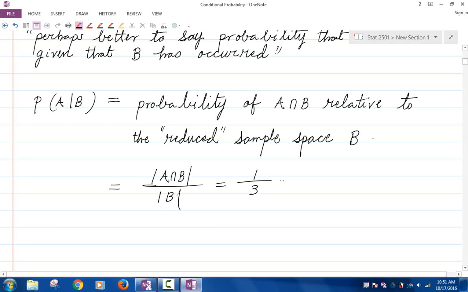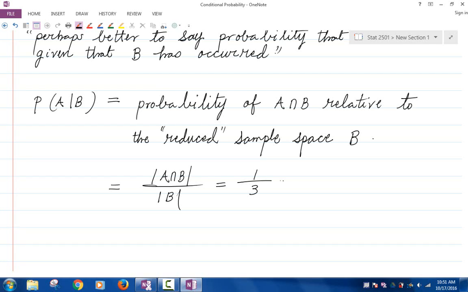So notice that the probability of A, remember, was 1/4. Now the probability of A given B is 1/3. So the probability of A has increased given the information that I know now. Because I am told that B has occurred, the outcome is in B, so knowing that, the probability that the outcome is in A has increased, right? Is that making sense?